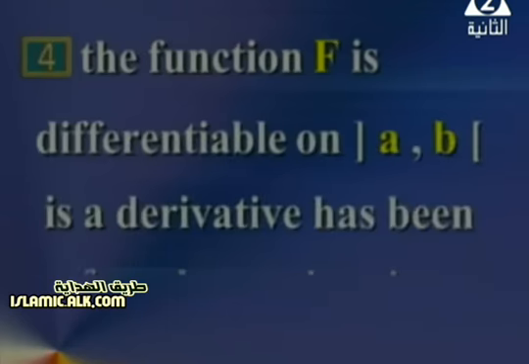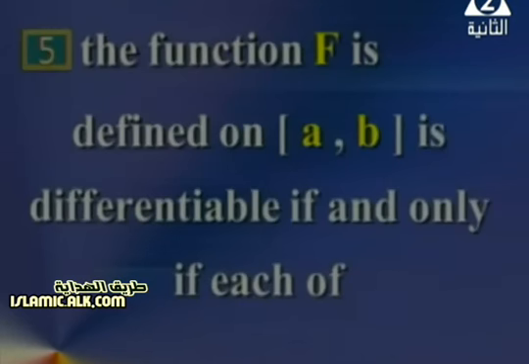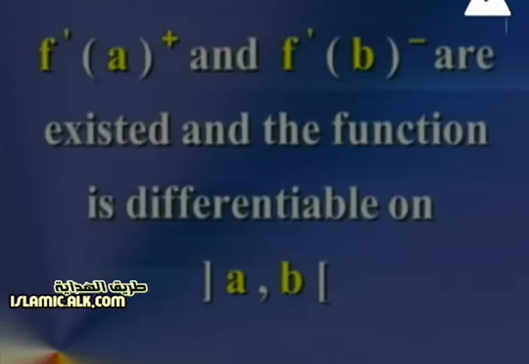Number four, the function f is differentiable on open interval ab if its derivative has been found at each point. The function f defined on closed interval ab is differentiable if and only if each of f dash a positive and f dash b negative exist, and the function is differentiable on open interval ab.